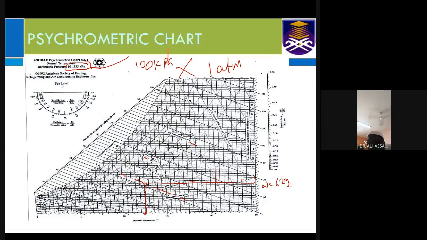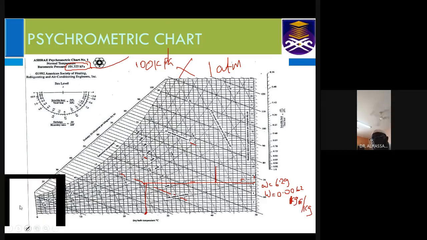So grams of water vapor per grams of dry air. But we need to change into kilogram, so we have to divide by 1,000. So omega gives me 0.0062 kilogram of water vapor per kilogram of dry air.